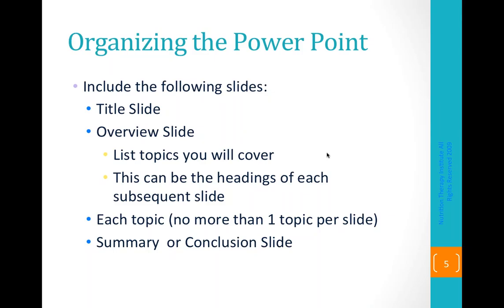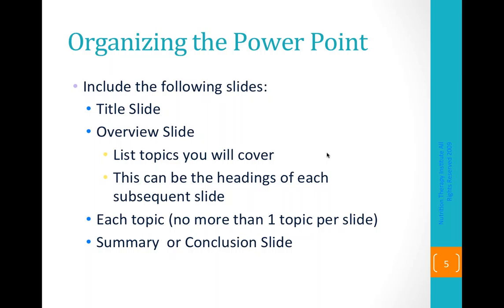It says here, no more than one topic per slide. You will certainly use more than one slide to cover any given topic or section in your paper. But when it says no more than one topic per slide, that just goes back to the rule of don't try to squeeze too much into one slide.